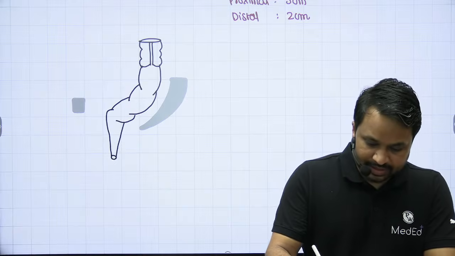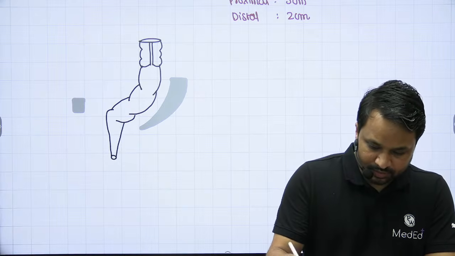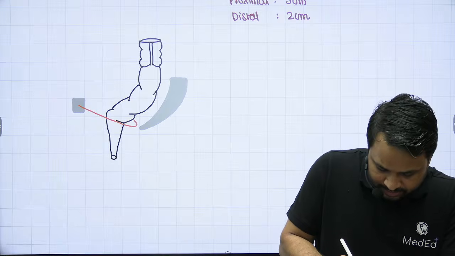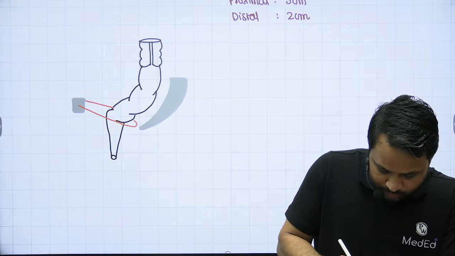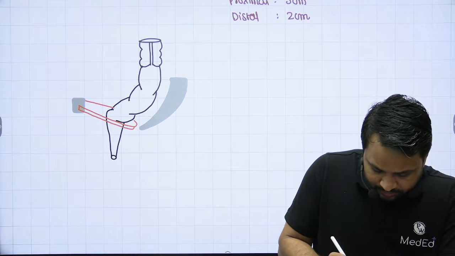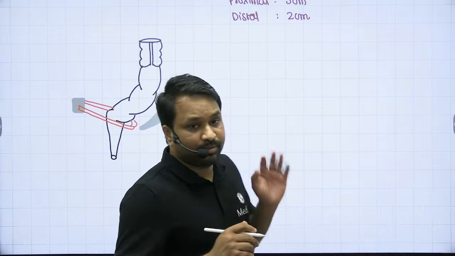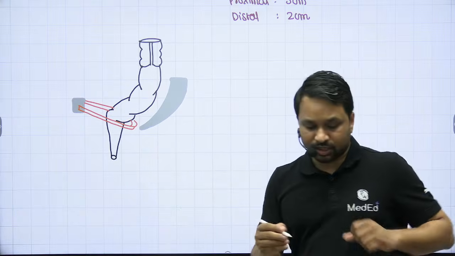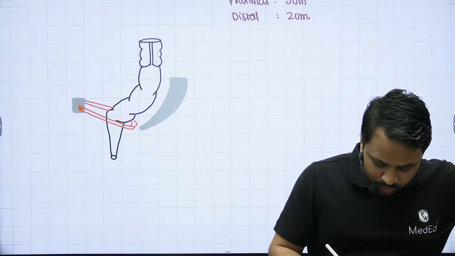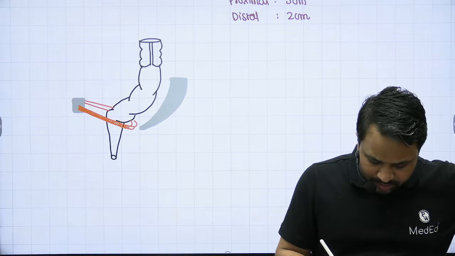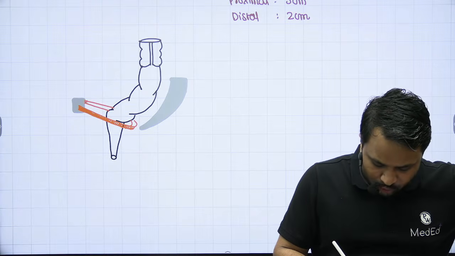There is a muscle present here, like a sling muscle attached on both ends, and this is what we call the puborectalis. The muscle present at the anorectal junction is puborectalis. It's an extension of the levator ani muscle, which is actually the pelvic floor. Why is this important? This muscle maintains the continence, right?